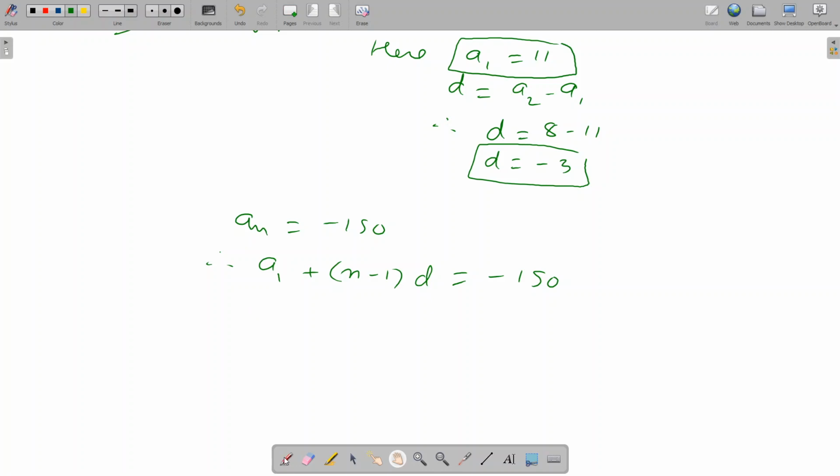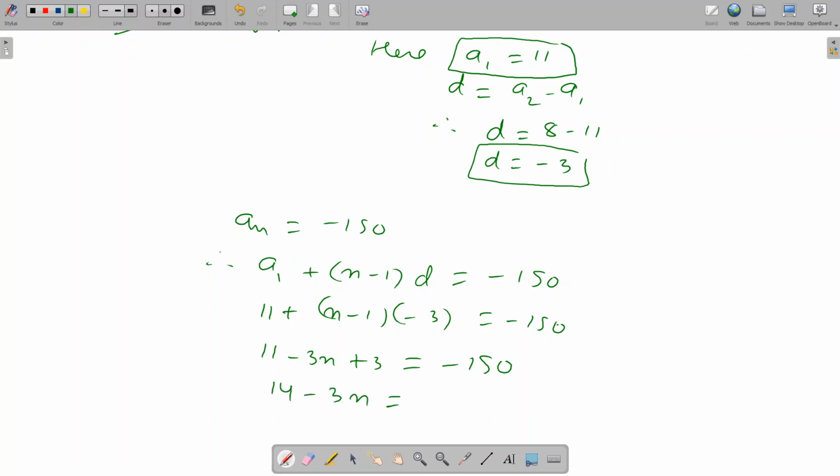So, putting the value of a1, 11 plus (n minus 1), our d is minus 3, equal to minus 150. So this will give us 11 minus 3n plus 3 equal to minus 150. So 11 plus 3 is 14, 14 minus 3n equal to minus 150.